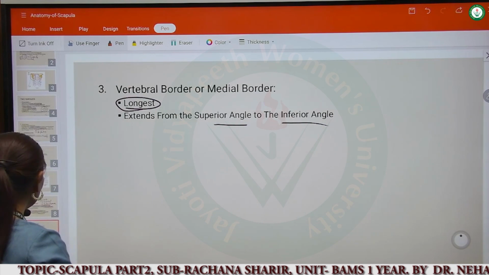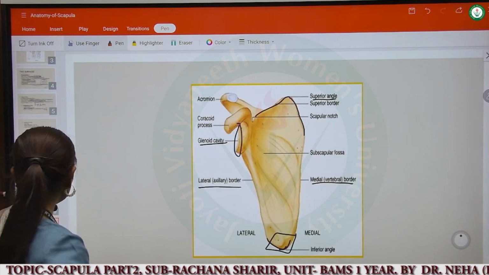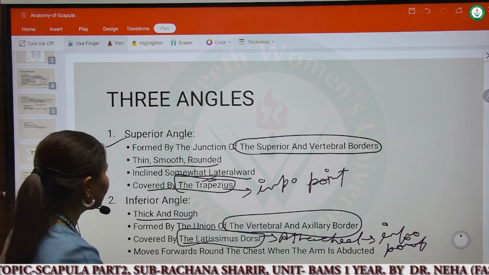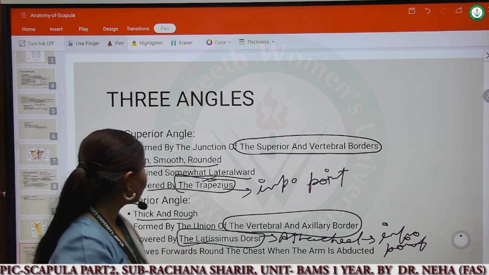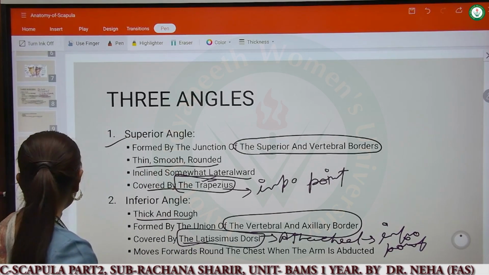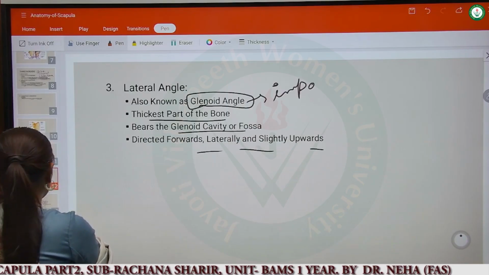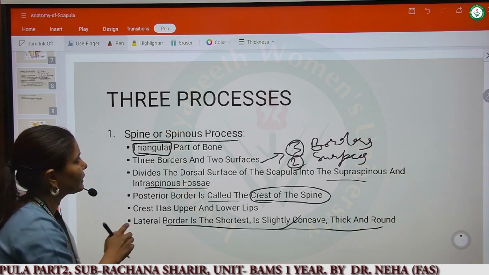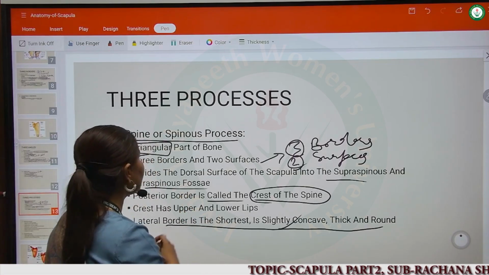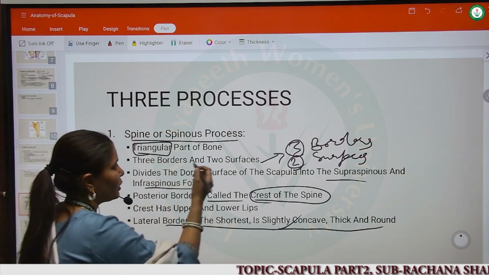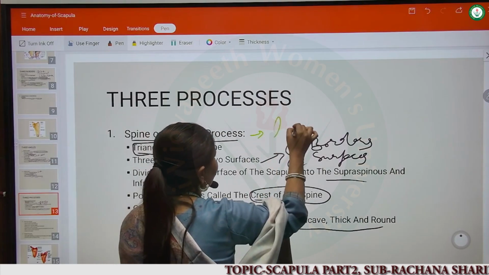Then after medial border, we discussed the angles. So three angles are there: superior, inferior and lateral angle. After that we discussed the three processes. First one is the spine or spinous process, the longest process of scapula.